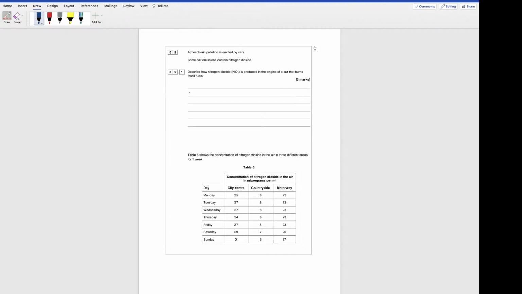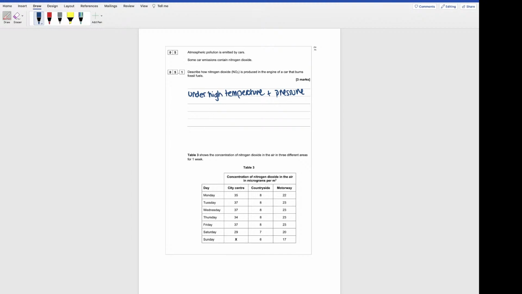So for three marks, under high temperature and pressure. Now, if you're ever asked a question about car engines, this will always be 1 mark. Even if you don't understand how a combustion engine works, and why would you need to, the answer is always going to be high temperature and pressure for a question like this.